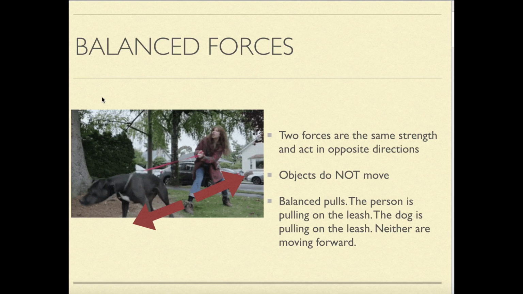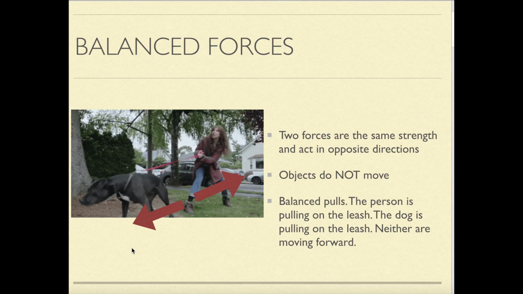Okay, now let's talk about balanced forces. These are when two forces are the same strength and they go in opposite directions, and so the objects do not move. So looking at the same scenario of pulling a dog on a leash, if both the owner and the dog pull in opposite directions, one goes right, one goes left, but they're pulling with equal strength, then neither the dog nor the owner are going to move.